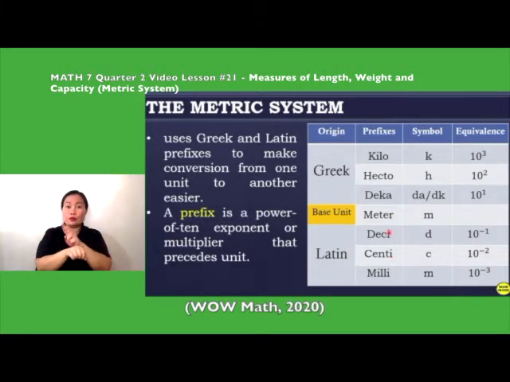So, since 1, 2, so 2 yan, so 100. So, 1 divided by 100, that is 0.001. Okay? And then, for milli, ganun din. So, basta kapag bigger unit to smaller, we are multiplying. Pag smaller to bigger, we are dividing.